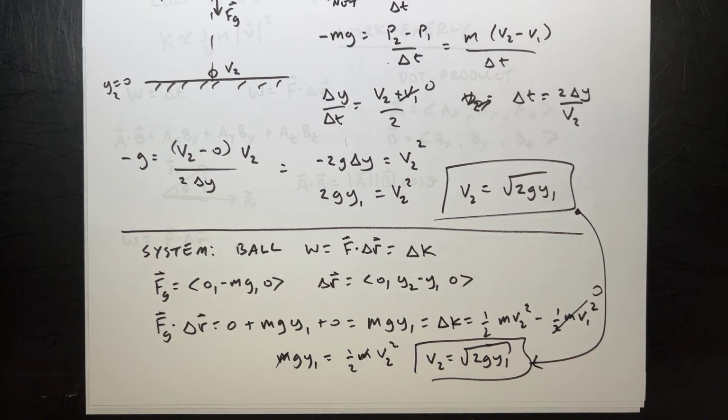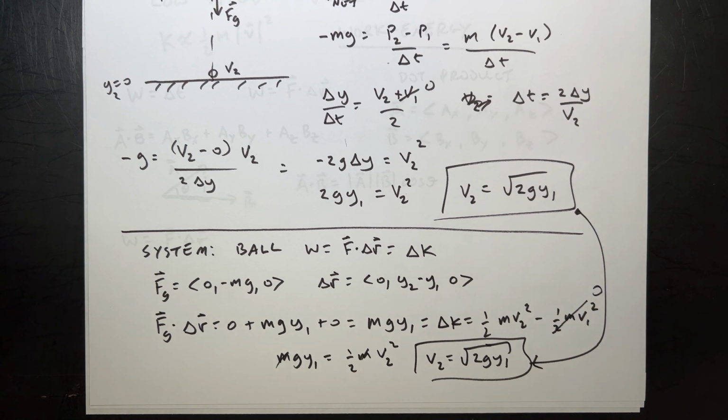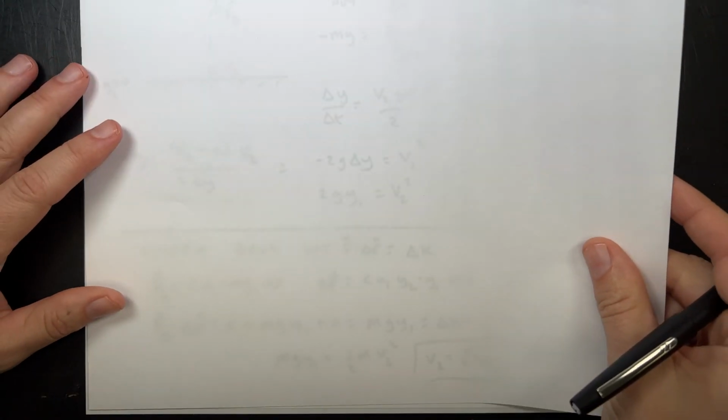Okay, so the work energy principle is a different way of looking at things, and that's the important thing right there. Now, we're going to talk about why you would do work energy at the end, but I want to talk about this value of work, because here we did work as positive.